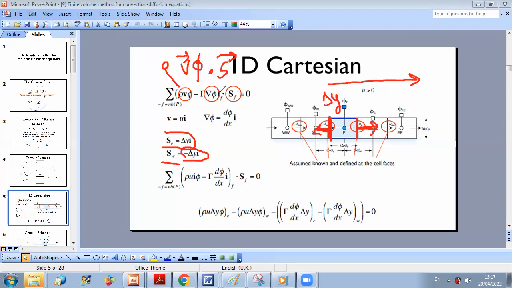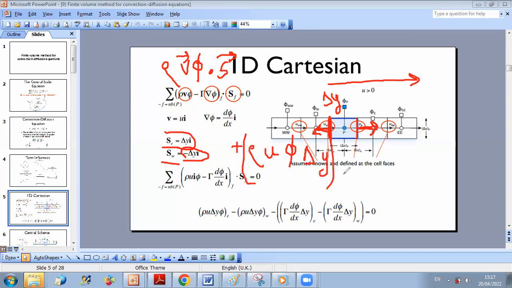So now, if I do the dot product for the east face, what do I get? On the east face, I get plus rho u phi times delta y at east.